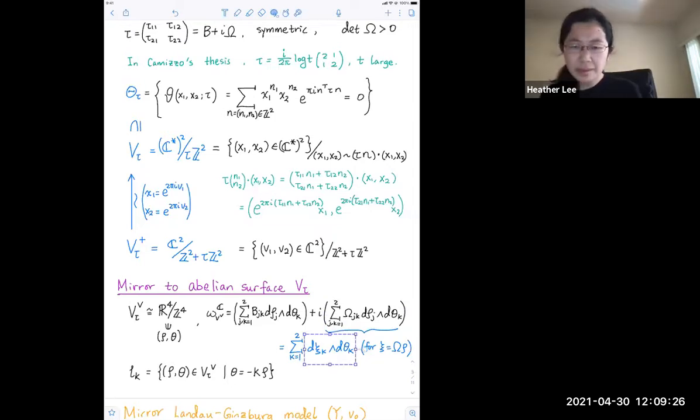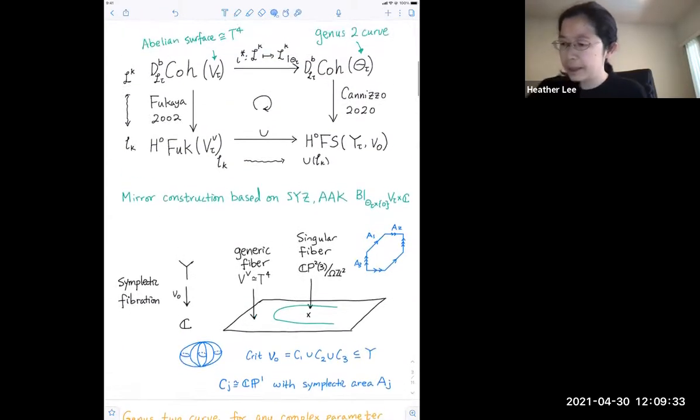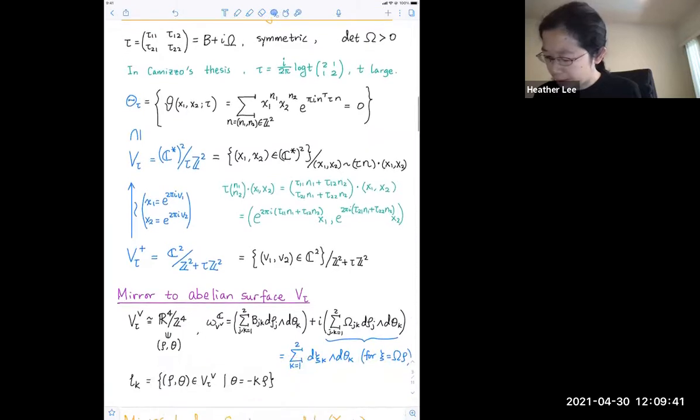Okay. So under mirror symmetry, this line bundle L will correspond to linear Lagrangians.